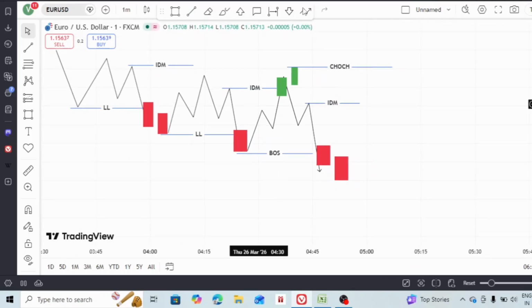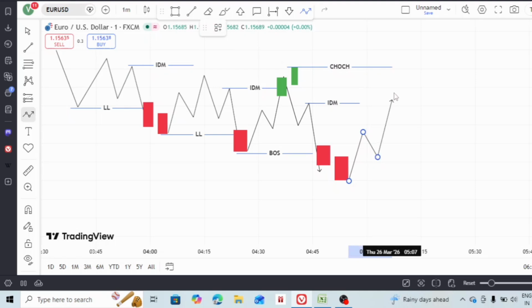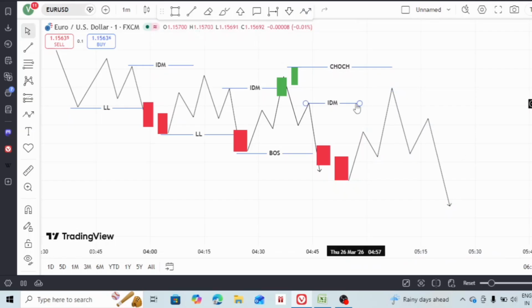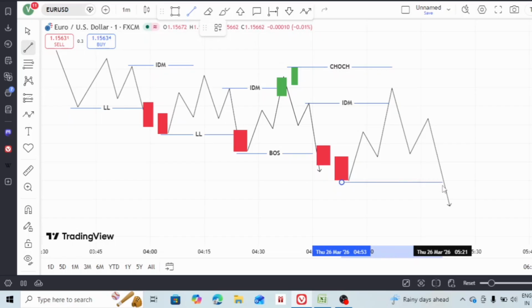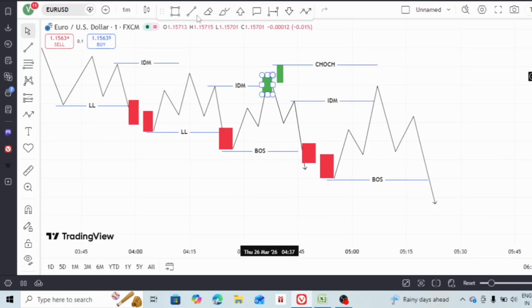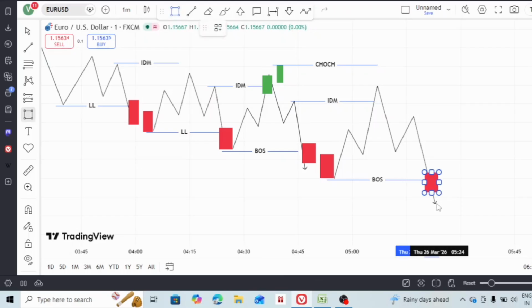So again, if the market went up and mitigated this inducement, it gave another break of structure. This is the inducement mitigated. Inducement mitigation means we find our break of structure level. This is the break of structure. If it breaks out with the body like this, then we confirm our change of character.